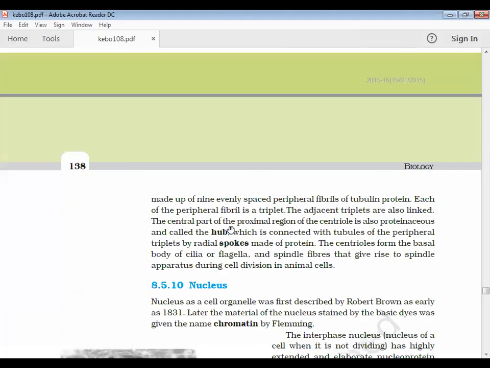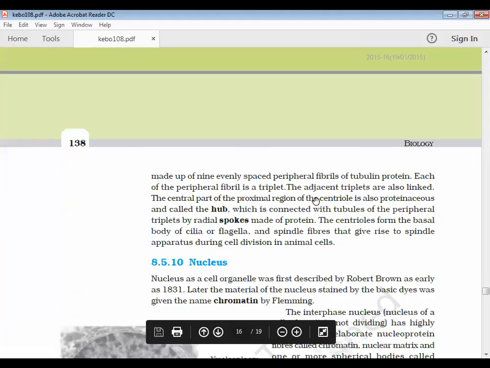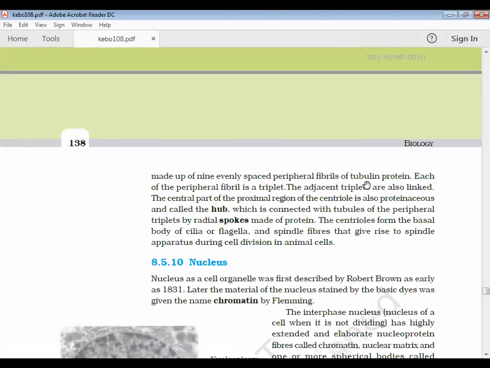They are made up of 9 evenly spaced peripheral fibrils of tubulin protein. Each of the peripheral fibrils is a triplet.